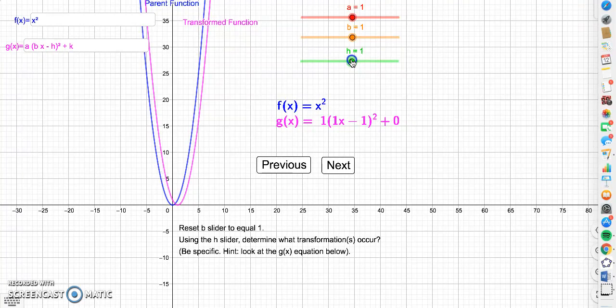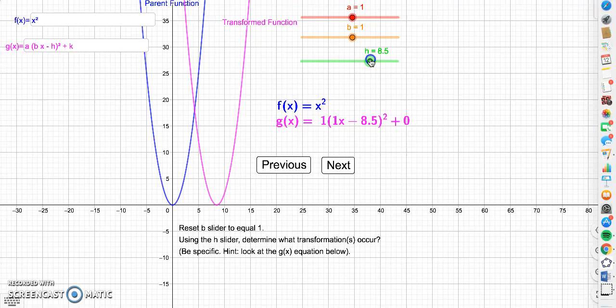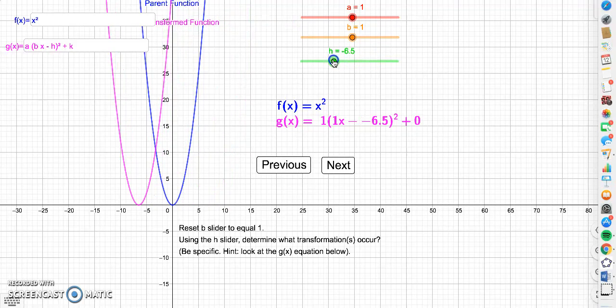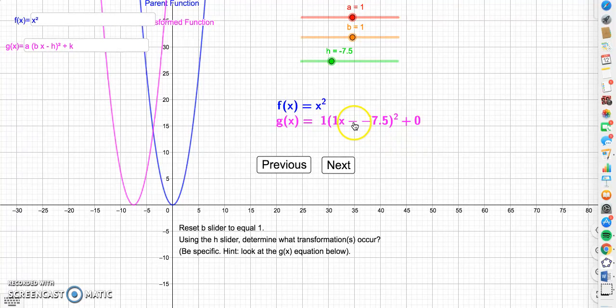And on this one, it's tricky because as they make the relationship between the slider and the equation, they should notice that when H is positive, in the equation it's negative. I couldn't figure out a way to make this positive, but they should know that two negatives make a positive. So on the slider, when it's negative, the equation is positive. So it's actually backwards.